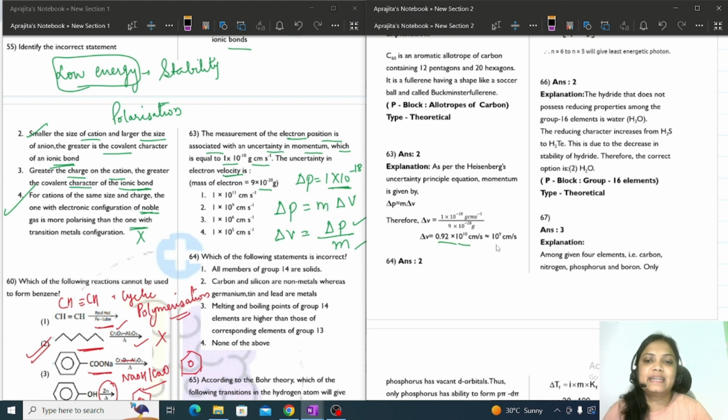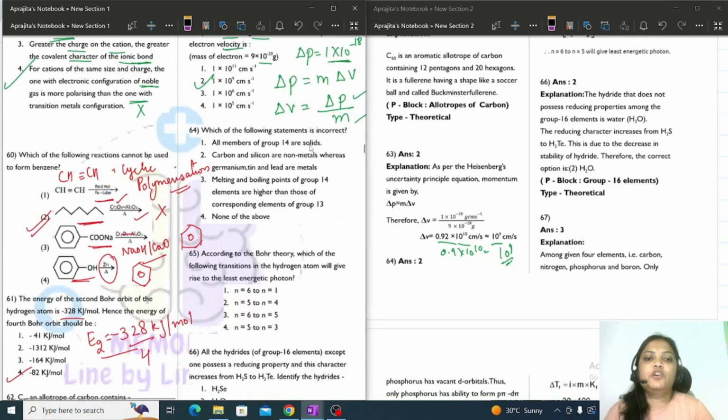So 0.9 into 10 to the power 10 means around 10 to the power 9 centimeter per second. So it's option number 2.